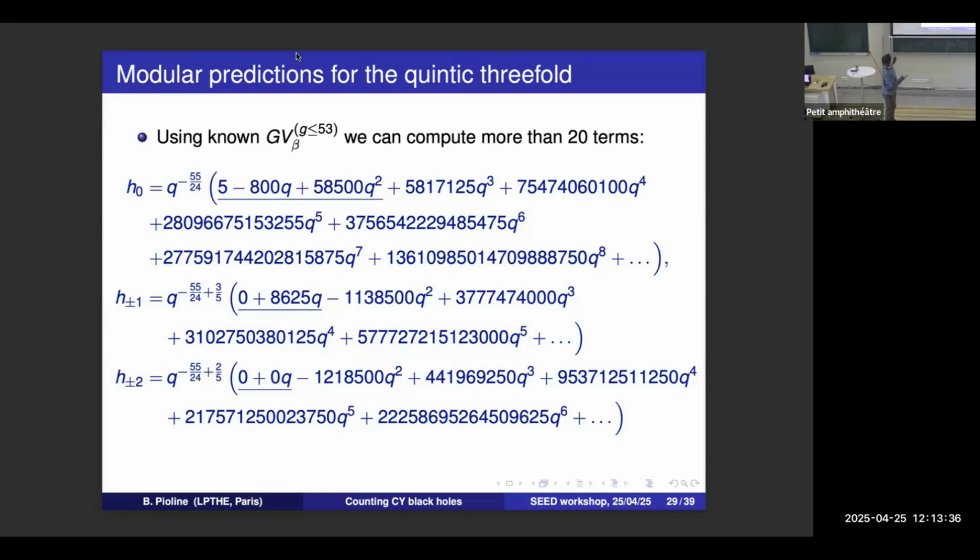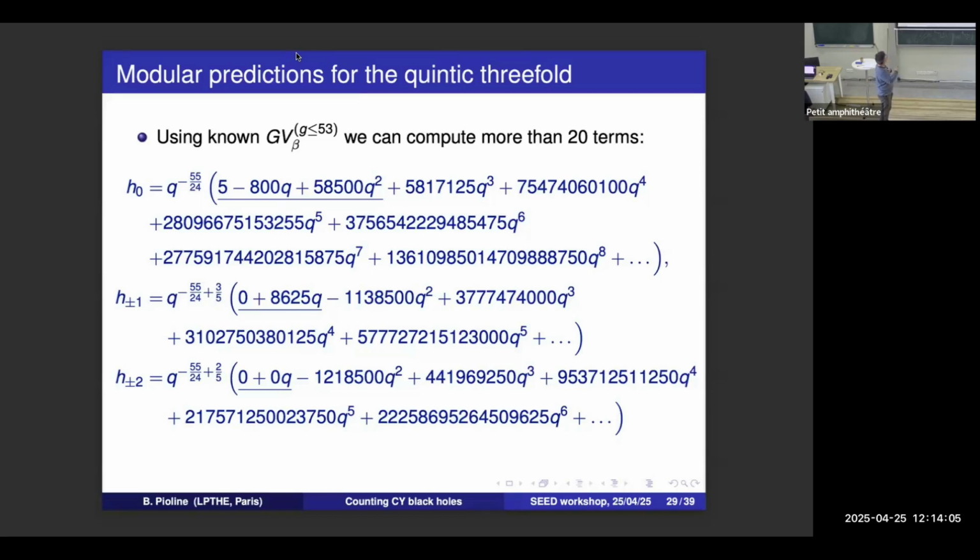So here I'm showing the answer for the quintic for 1 unit of D4 charge along the basic divisor, which is just the pullback of the hyperplane divisor in P4 restricted to the degree 5 hypersurface. The only numbers we needed to fix are these polar terms with negative powers of q, the ones underlined in this formula.